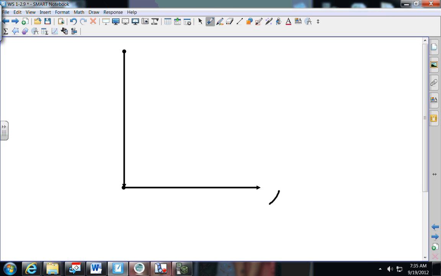The bottom. How about we call it horizontal? And what's the y-axis? Goes up and down. Let's call it the vertical.